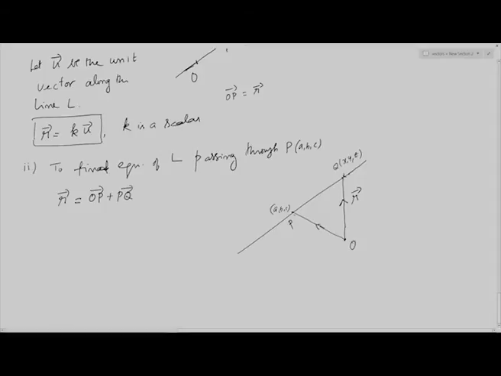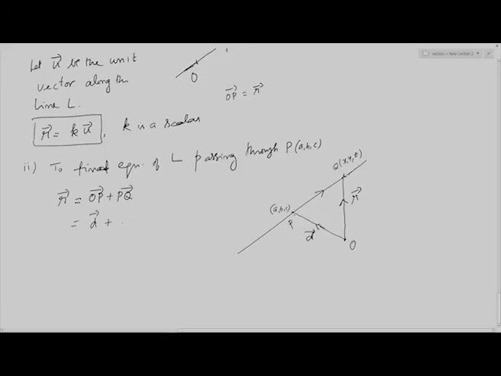Now, what is OP? OP is your given vector. Since it is a fixed vector, let me call it some d vector. So this is d plus the PQ.